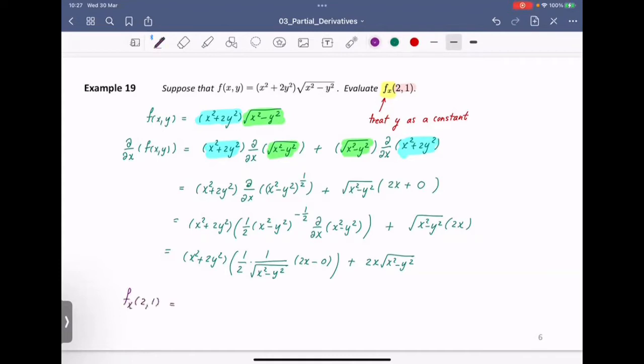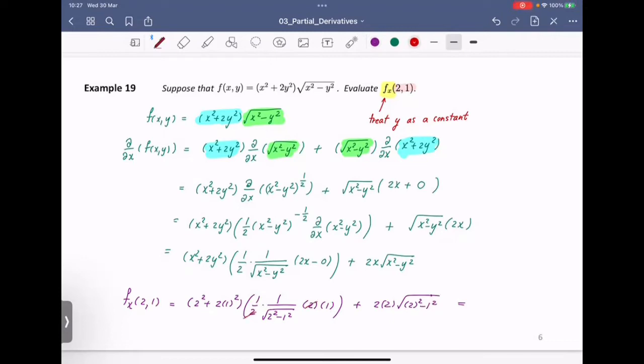So you plug in 2 and then 1, and then 1/2 and square root of 2 squared minus 1 squared, and then 2 and 1, and plug in 2 and square root of 2 squared minus 1 squared. If you calculate everything, you're gonna get the answer.